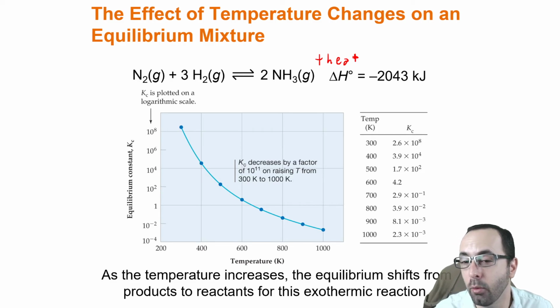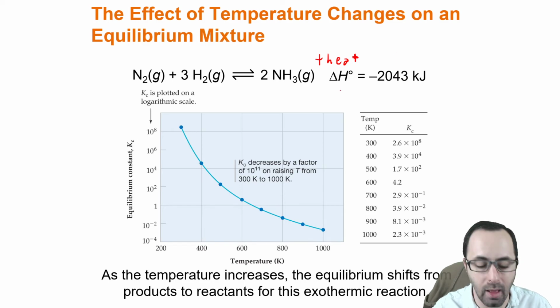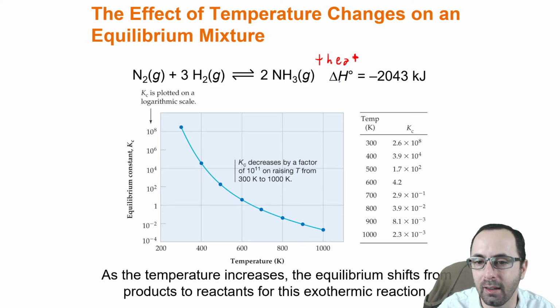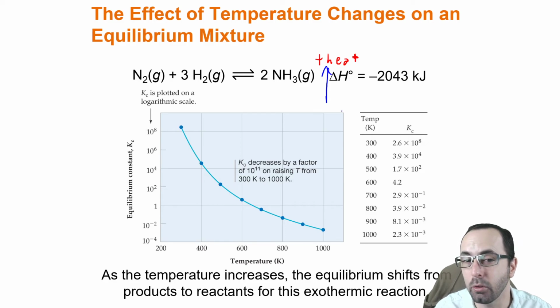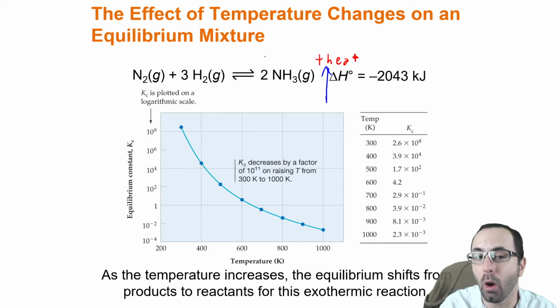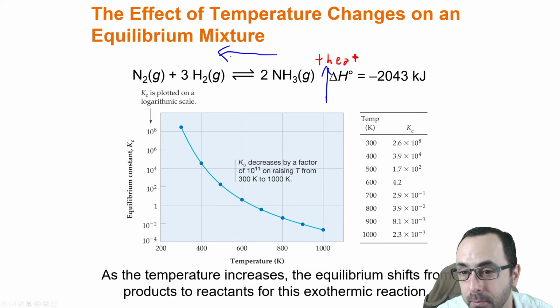So here, if we increase the temperature, that is like adding more heat. We're going to put in more heat, which is a product in this reaction. So for this exothermic reaction, increasing the temperature adds more heat, and now the reaction will want to go to the left to consume that added heat.